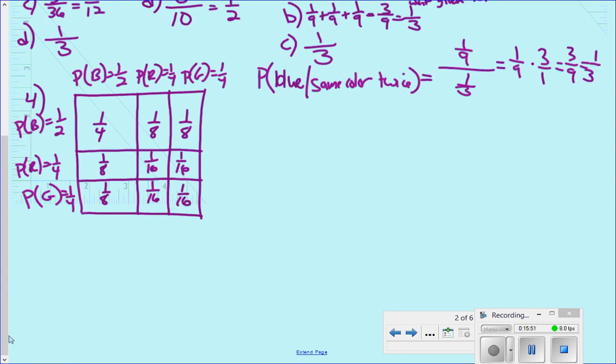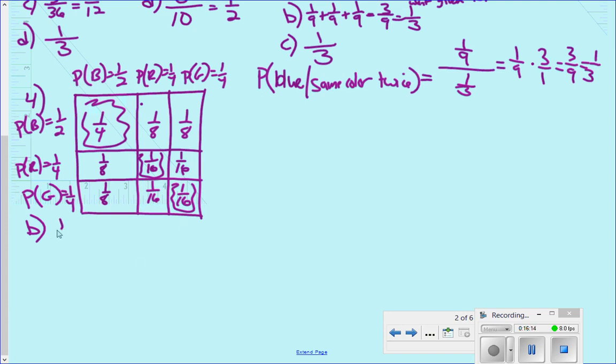So there's my diagram. I'm supposed to shade where we have the same color twice. That would be here, or here, or here. Then I'm supposed to say what's the probability that both spins give the same color. I know that's blue, blue, or red, red, or green, green.